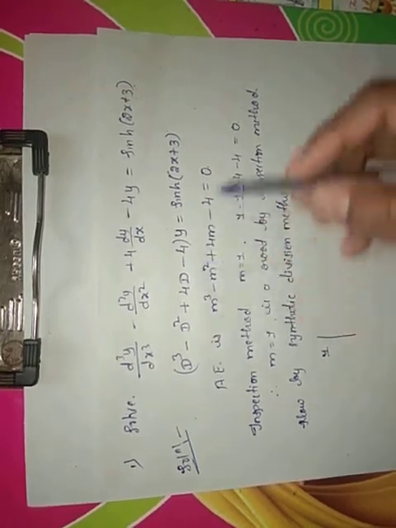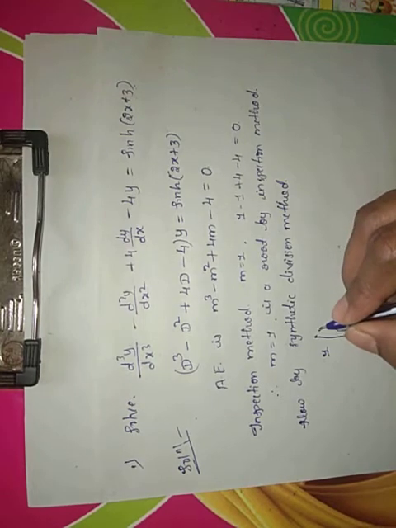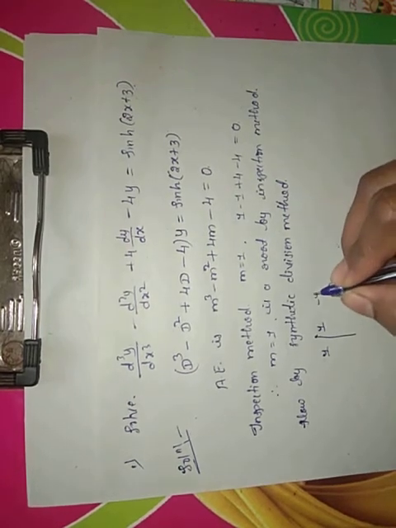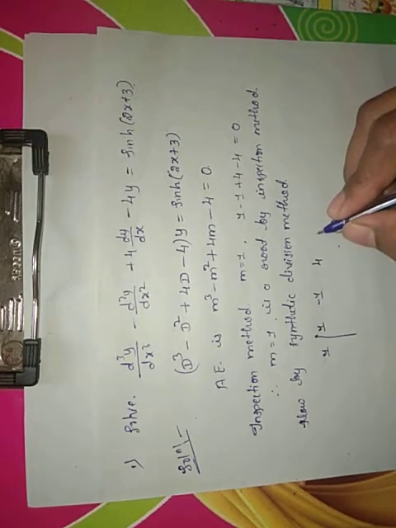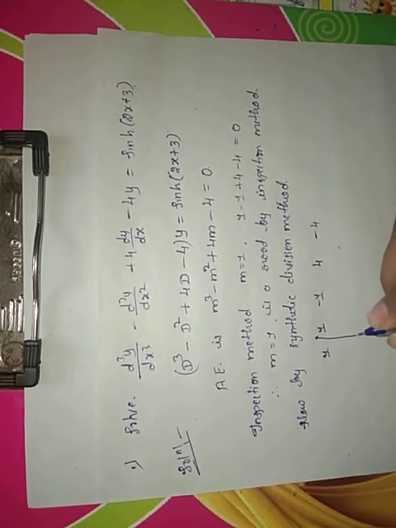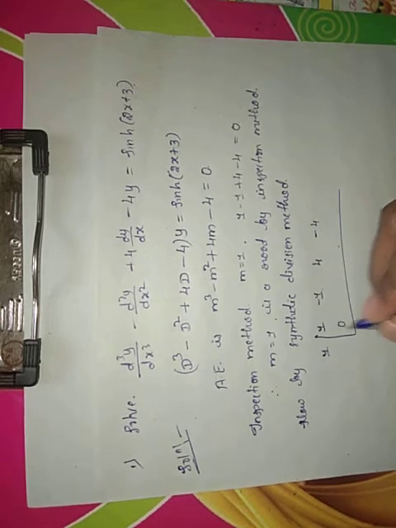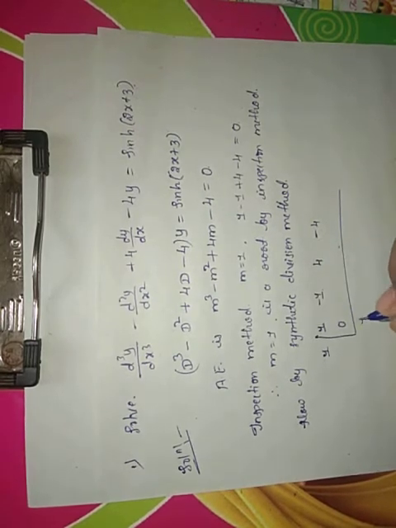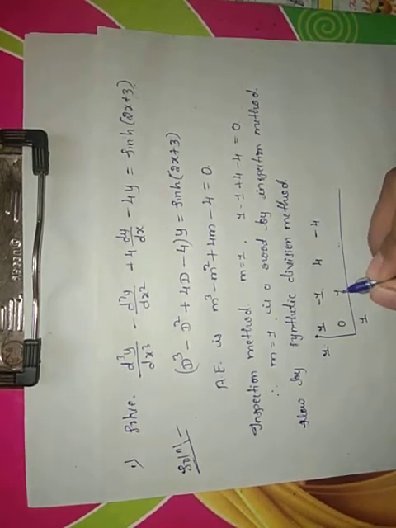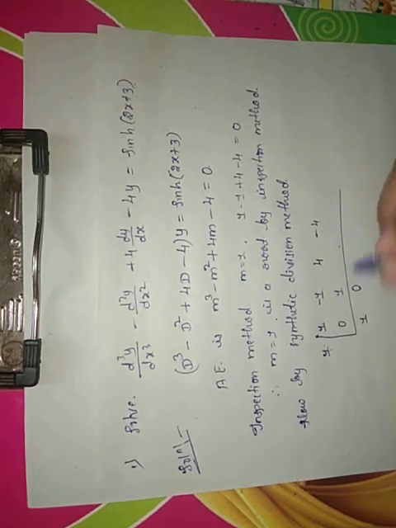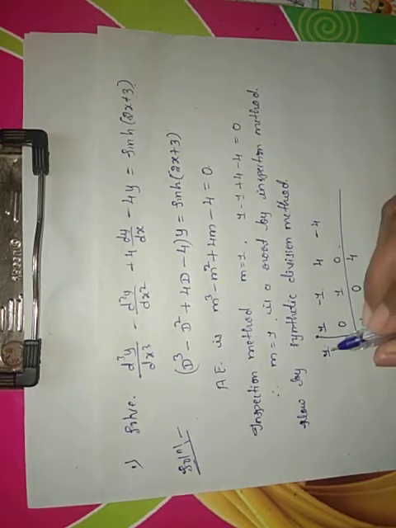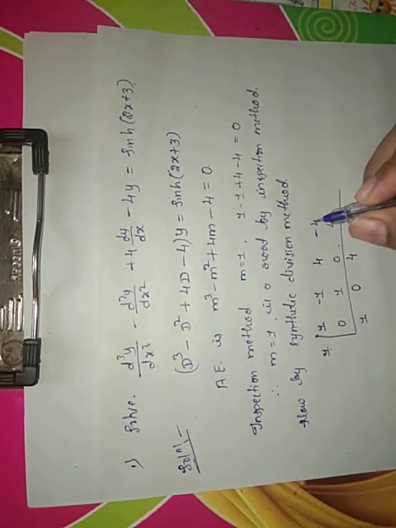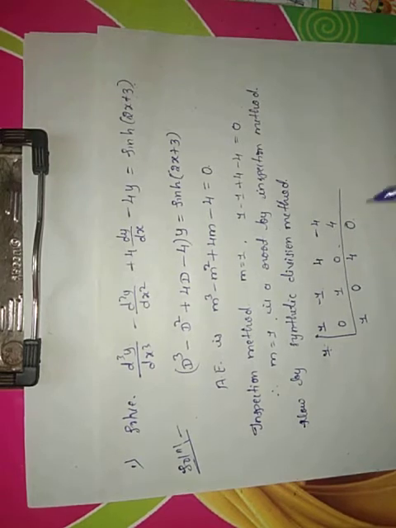Now write down the coefficients of all the terms: coefficient of m cube, coefficient of m square, coefficient of m, and the constant term. Start with the 0. 1 plus 0, 1. 1 into 1, 1. Minus 1 plus 1, 0. 0 into 1, 0. 4 plus 0, 4. 4 into 1, 4. Plus 4 minus 4, 0.